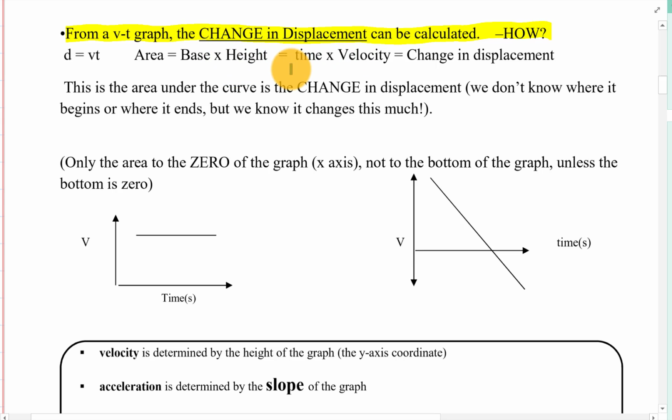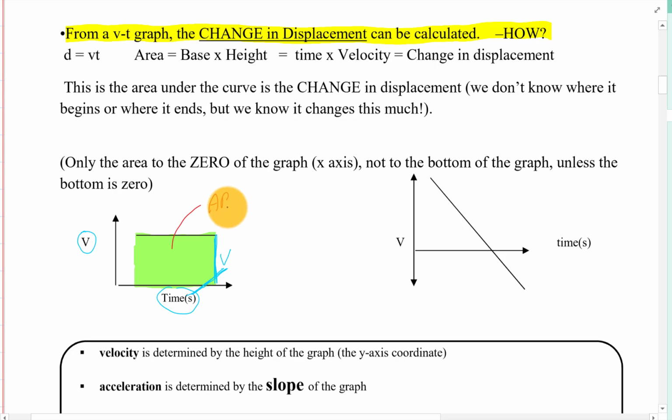So I'm coming up here, here's our velocity, here's our time. That is the velocity and the time. If I multiply that together, I am literally getting that area. If I take velocity times time, I get that area.